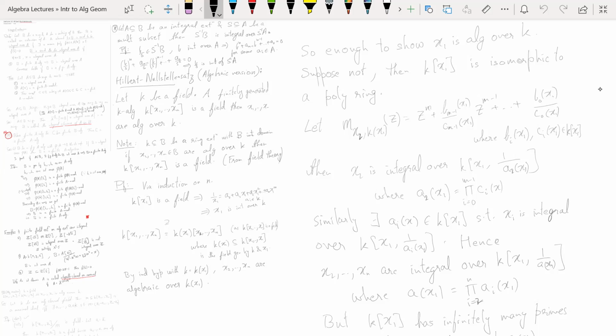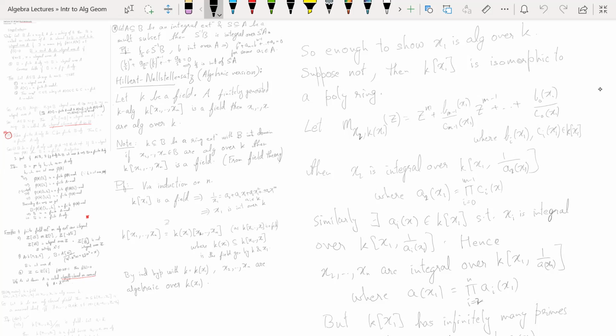So similarly, the fraction field k(x1), if x1 is transcendental, cannot be a finitely generated k[x1]-algebra. Or, adjoining finitely many elements in some over-ring will not ensure that every element in k[x1] is invertible. So that's roughly the idea, and we'll make this rigorous.